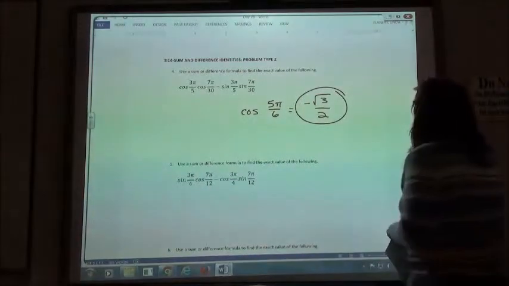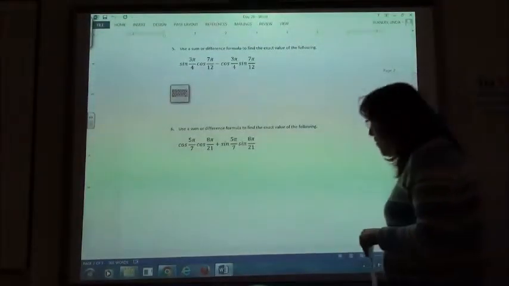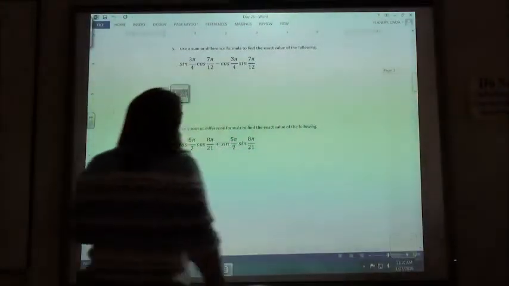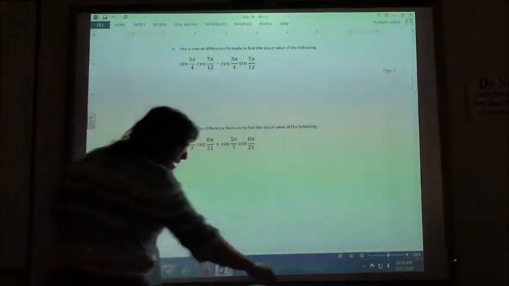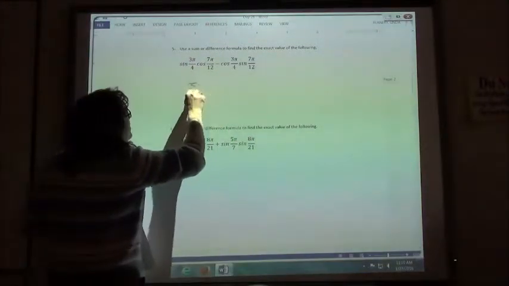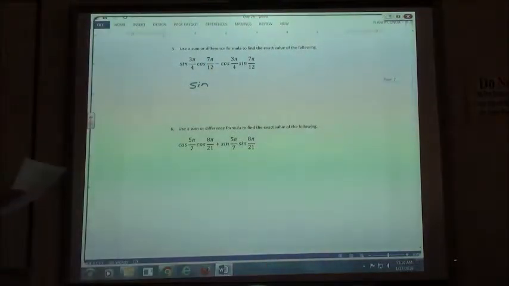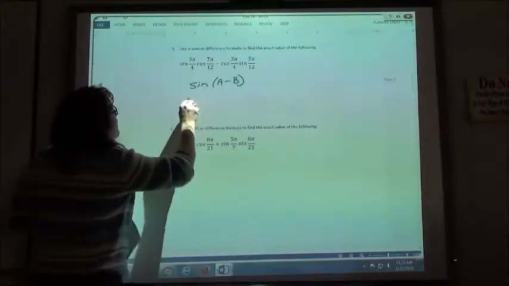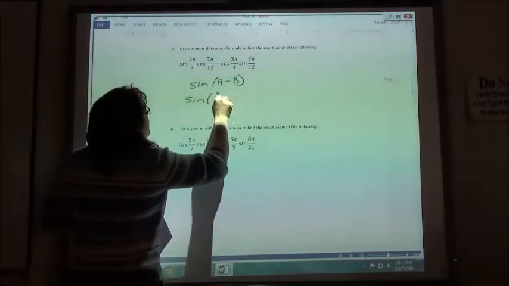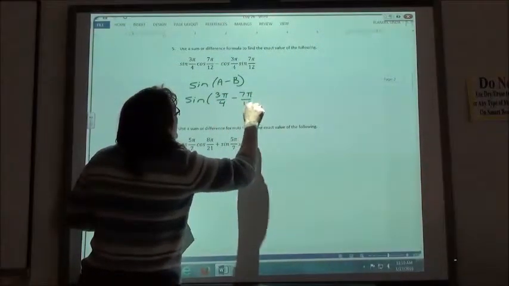If we look at the next one there, the next one says sine of 3 pi over 4 cosine of 7 pi over 12. Because it starts with sine, cosine, I know it's one of my two sine ones. Since there's a minus sign in there, if you look at your things, that is going to be the A minus B. So again, we're going to do the sine of 3 pi over 4 minus 7 pi over 12.